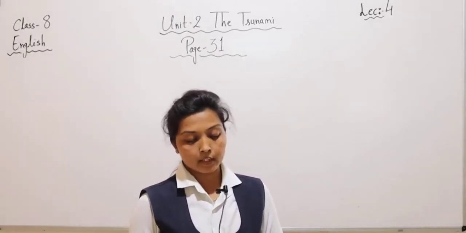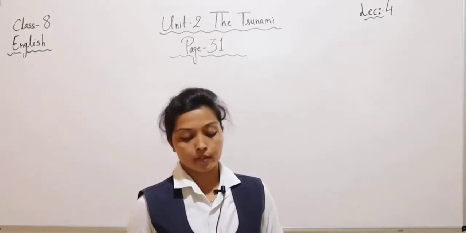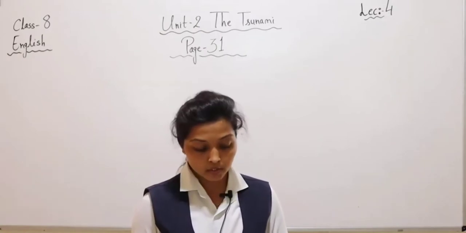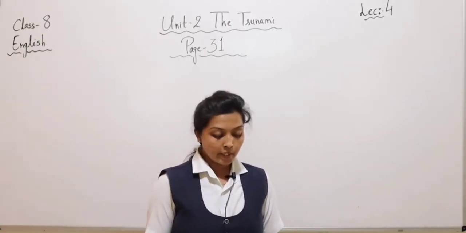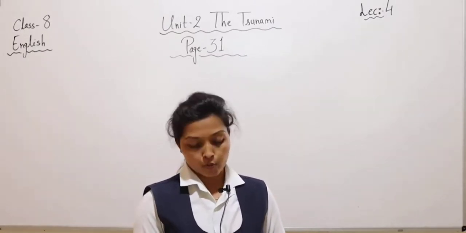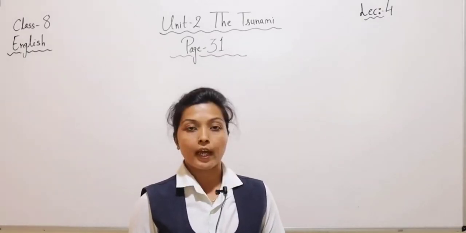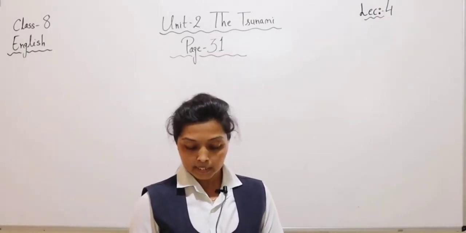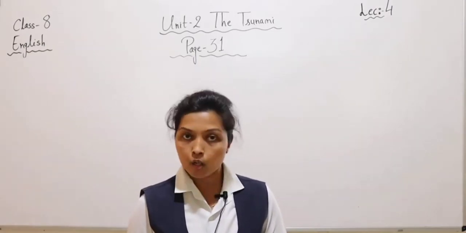The sentences are in the passive voice. In B, the doer of the action is named, like the waves swept Meghna away.